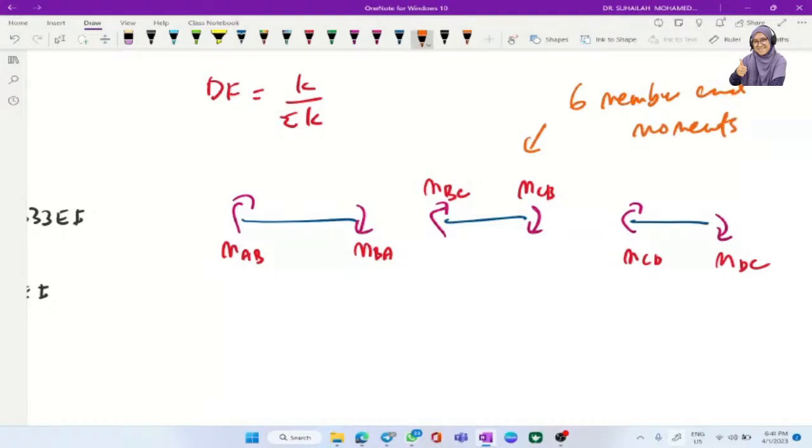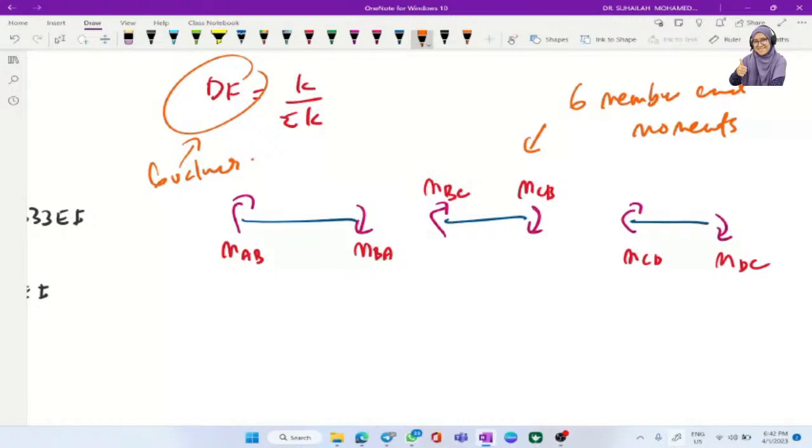Which means that we have to have six values of distribution, because it must be equal to the number of member end moments. When we calculate member end moment, we have to multiply with the distribution factor.